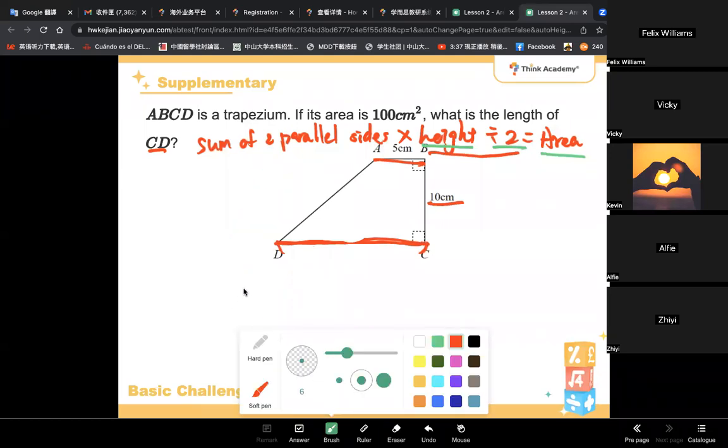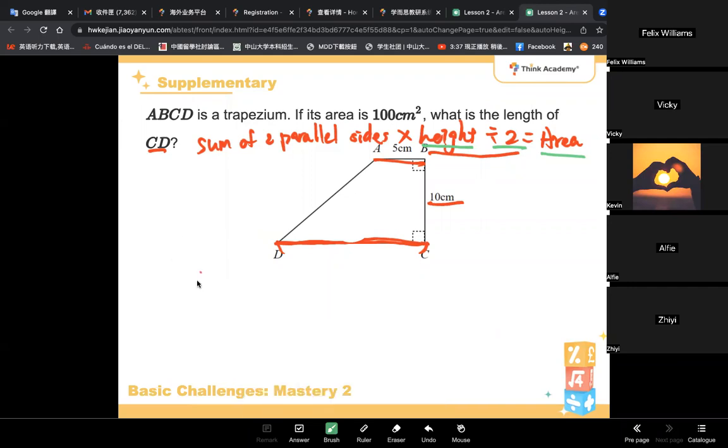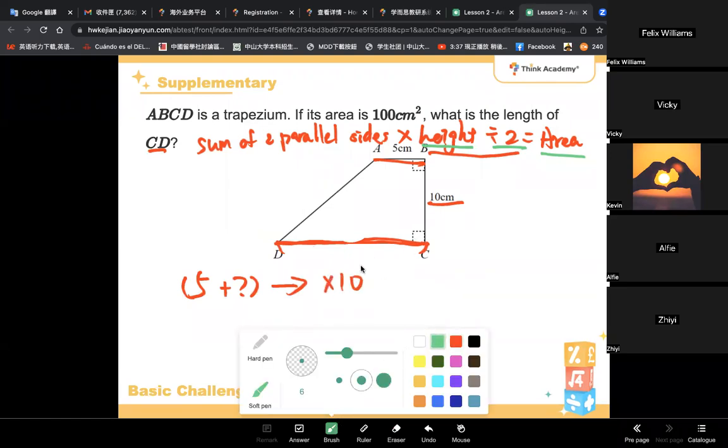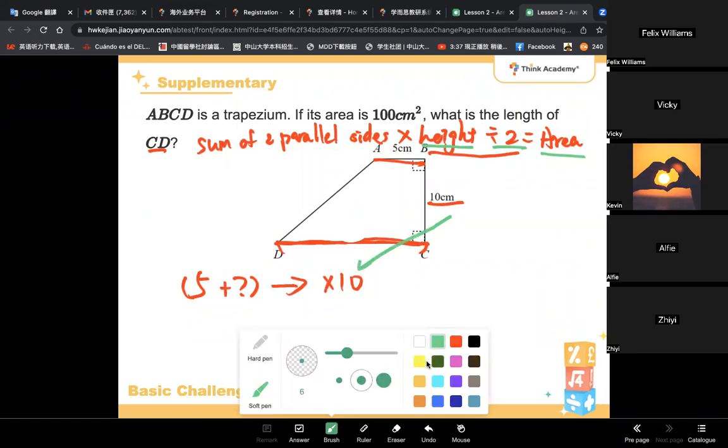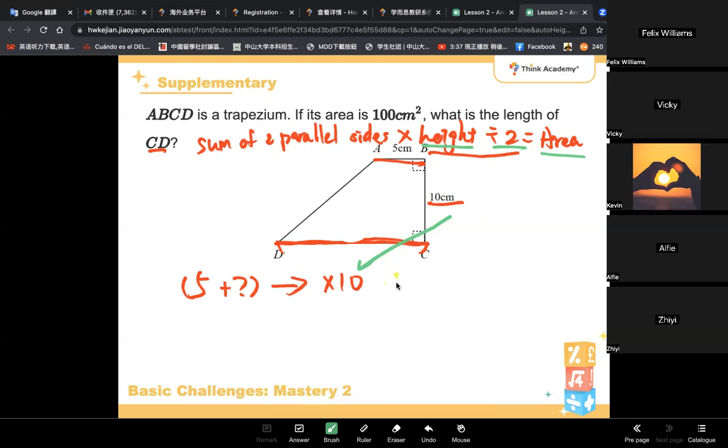But we only know one side, which is 5. So 5 plus something. We plus them together. And then what do we do? We times the height. 10 is the height. And we divide it by 2. Divided by 2, we will have 100.